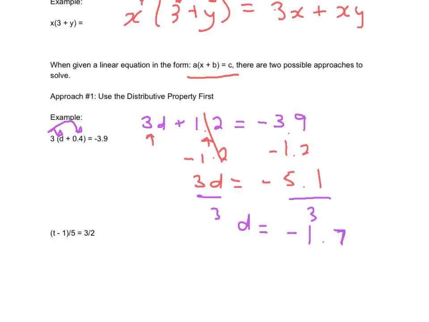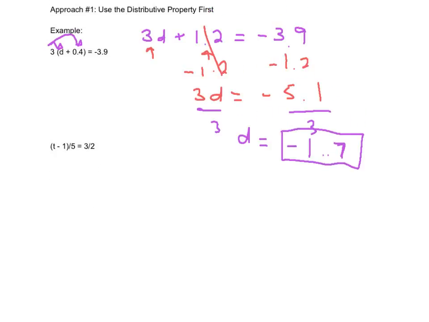Okay, negative 1.7. And if you don't trust my math, you can look that up for yourself on a calculator. Okay, or do a long division, because you know how to do that too.